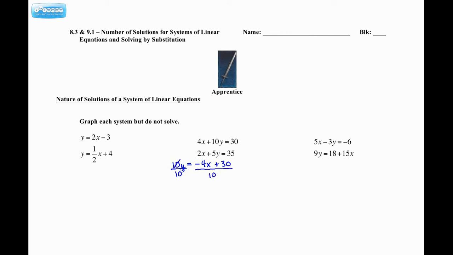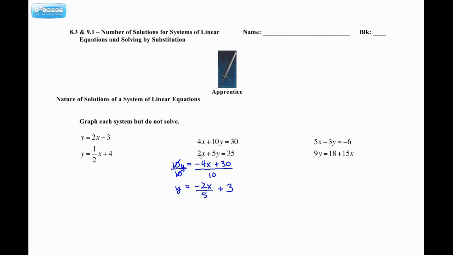So those cancel. So I get y equals, and this is reducible, negative 4 over 10. That's negative 2 over 5. So you get negative 2x over 5. And the x can go in the middle here if you like. And that gives me plus 3. Okay, so that would be pretty easy to graph.